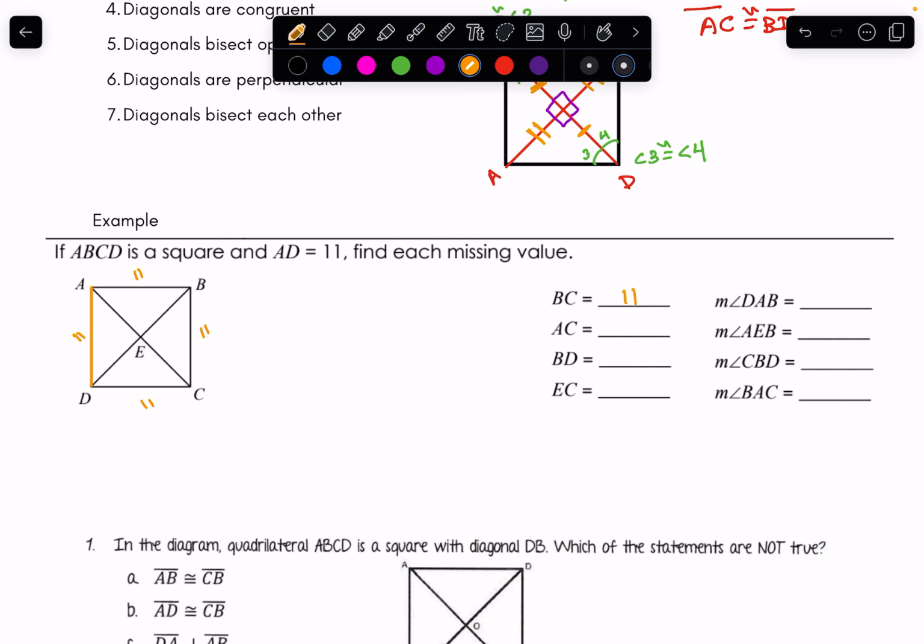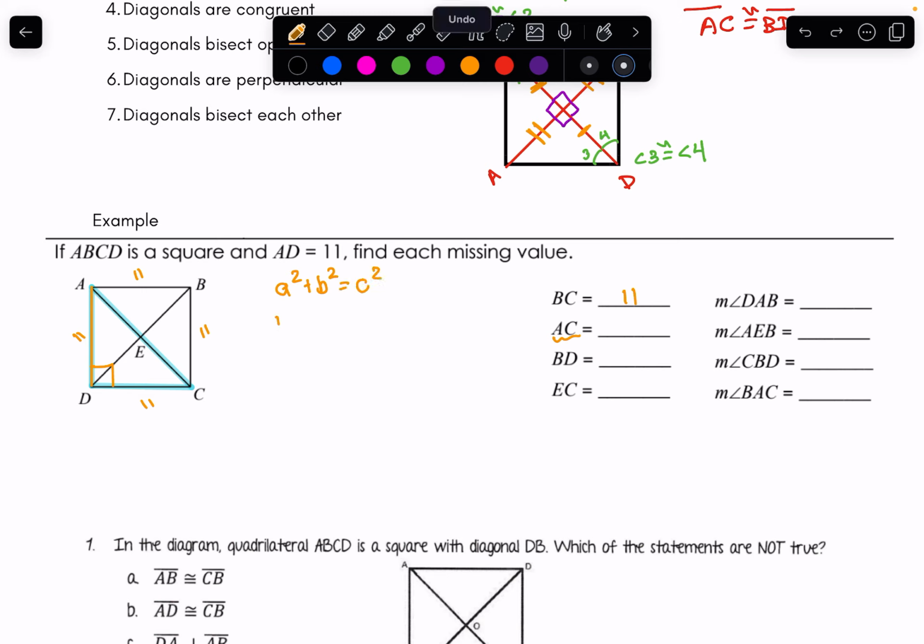So now if we want to know AC, right, that's what it's asking for in the next one. If we look, AC is a diagonal, and because I know that a square has a right angle, you can use the Pythagorean theorem to determine what that diagonal should be.